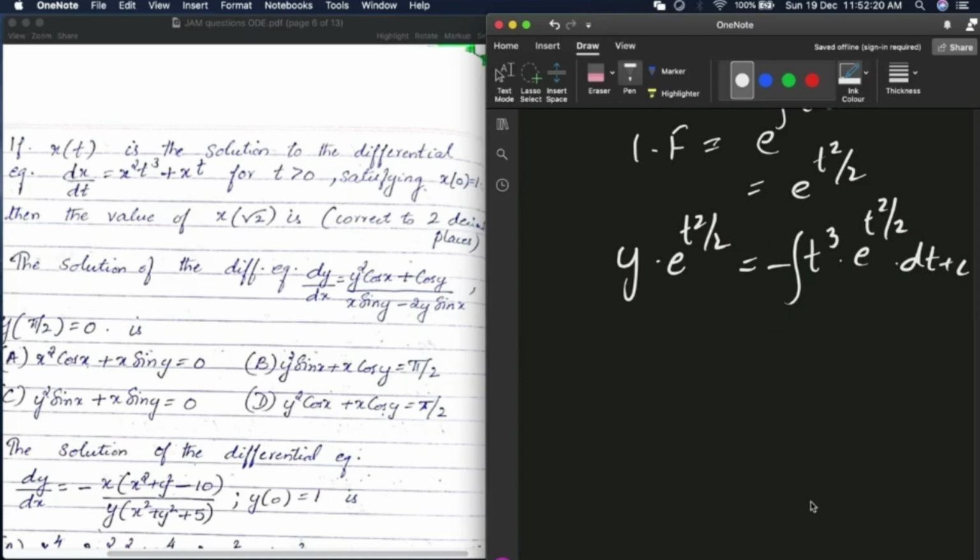I think you will have to go for substitution. Y dy by dt, correct. So you can write it as minus, you can put y square as t.